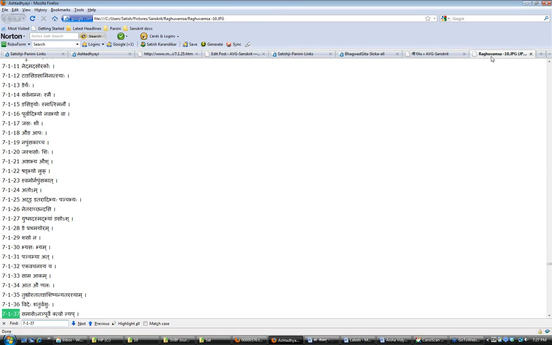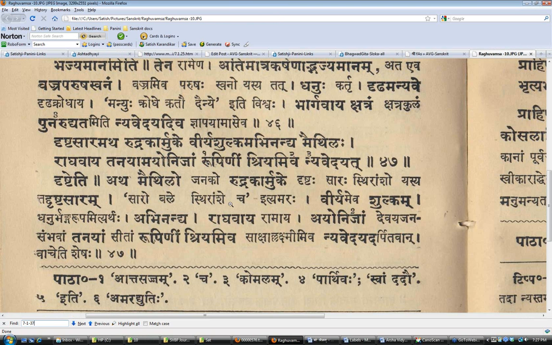So here clearly we have it. It's Maithilaha, and the next one is Nyavedayat. So the simple sentence is Maithilaha Viryam Abhinandya Sitam Nyavedayat. Having applauded the valor of Rama, he offered Sita to him. Raghuvaya Ramaya Nyavedayat.